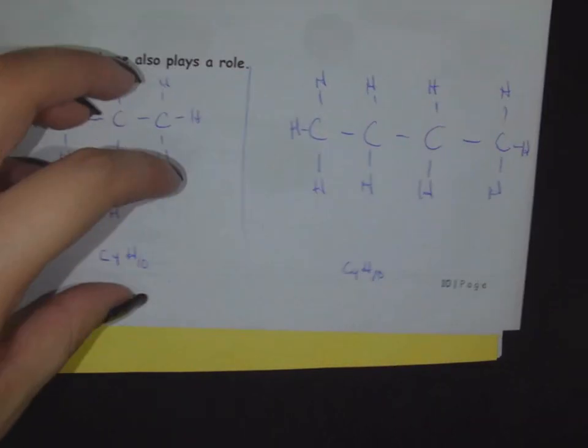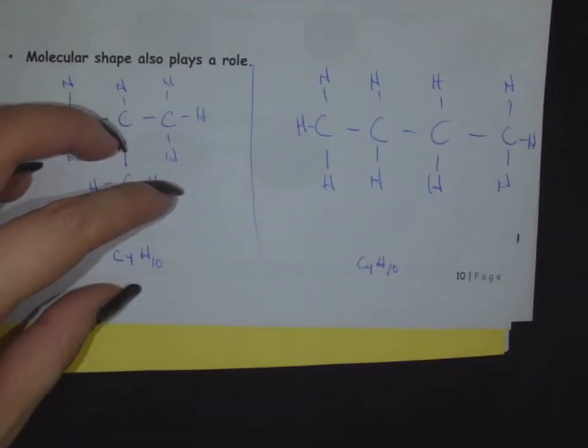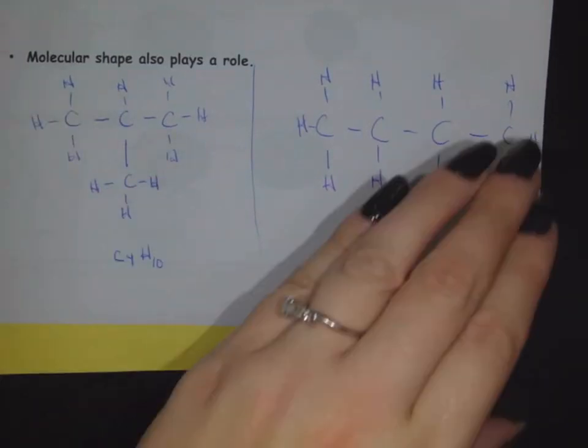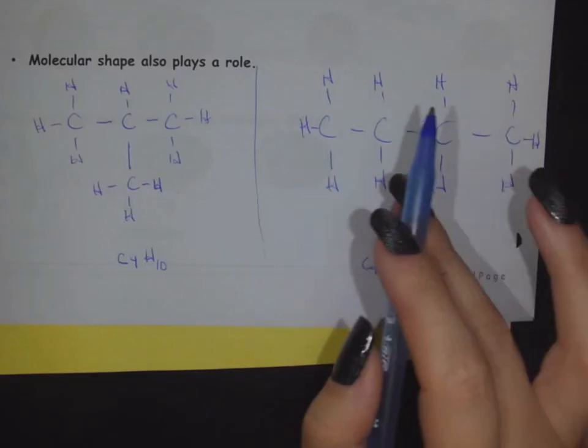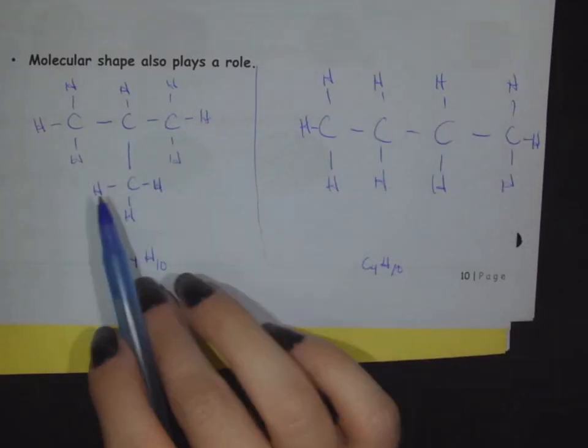If there is a sample of this kind of molecule for C4H10, and there is an example of this kind of molecule for C4H10, they both experience London dispersion, but one is stronger than the other, even though they're the same size, right? They contain the same number and amount of atoms, and same type of atoms, same amount of electrons. The London dispersion that occurs within this sample is stronger than that one.